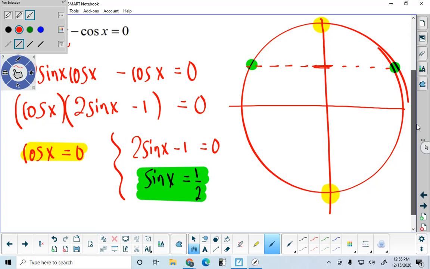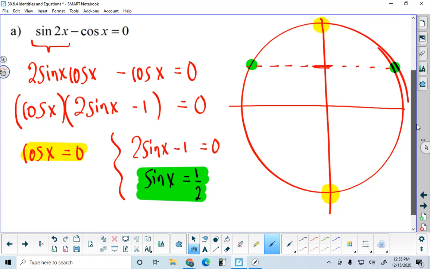So we're dealing with those 4 locations. In the first part of the question, that I've highlighted in yellow, we can say the solutions are x equals pi over 2 and x equals 3 pi over 2. For the second equation that I've highlighted in green, you should be able to say x is pi over 6 and 5 pi over 6.